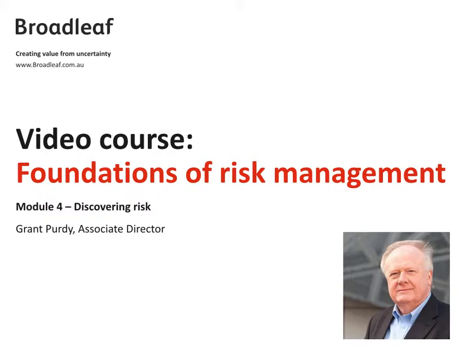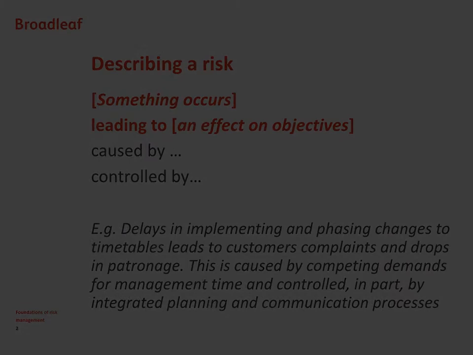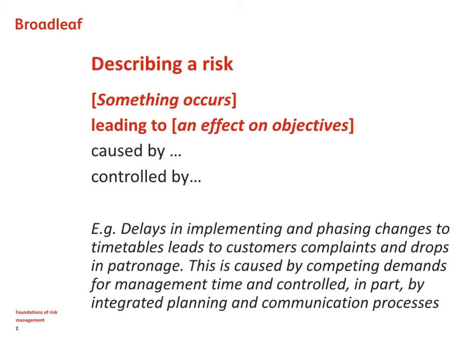So the first challenge we face when we discover risk is to actually describe a risk. Normally we describe a risk in terms of this scenario, the thing that might happen or might occur or might already be present that leads to an effect, particularly an effect which is relevant in terms of our objectives.